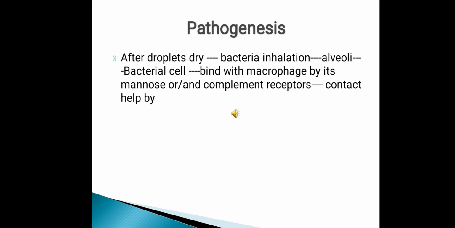These droplets, when they are in the environment, become dry and can be easily held by the air, and when other, healthy persons get this bacteria by inhalation, the bacteria arrive at the last part of the respiratory system, which is the alveoli, and bind with the immune cell found there, which is commonly the macrophage.